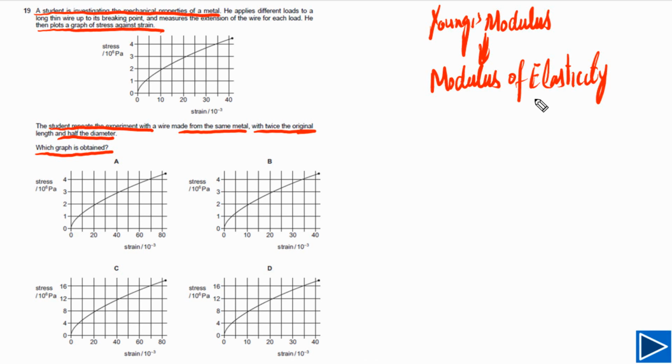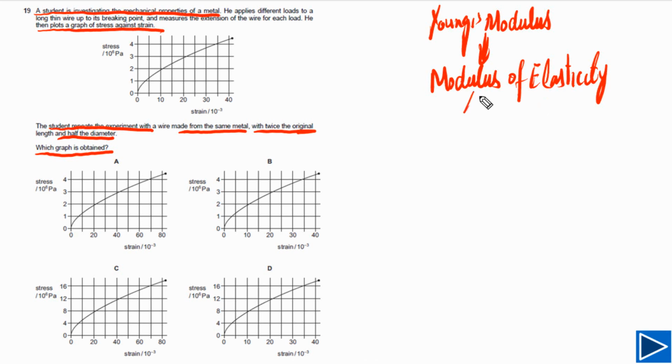If a material has higher ability to regain its shape, its Young's modulus will be higher. If it has low ability to regain its shape, its Young's modulus will be lower. For example, Young's modulus of steel is higher than Young's modulus of rubber.